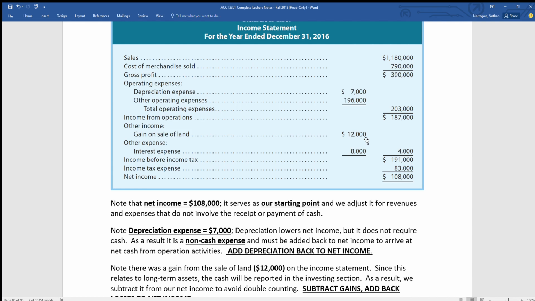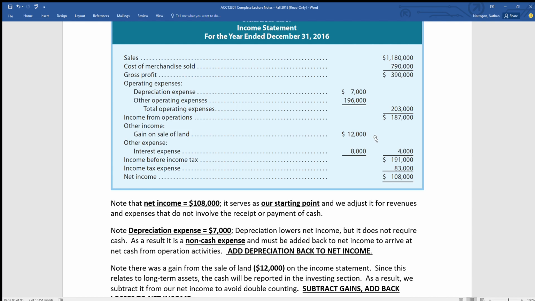The reason why is because a gain would increase how much income we've had. Since this is not dealing with actually operating, it's a special thing, we get rid of it by subtracting it out.